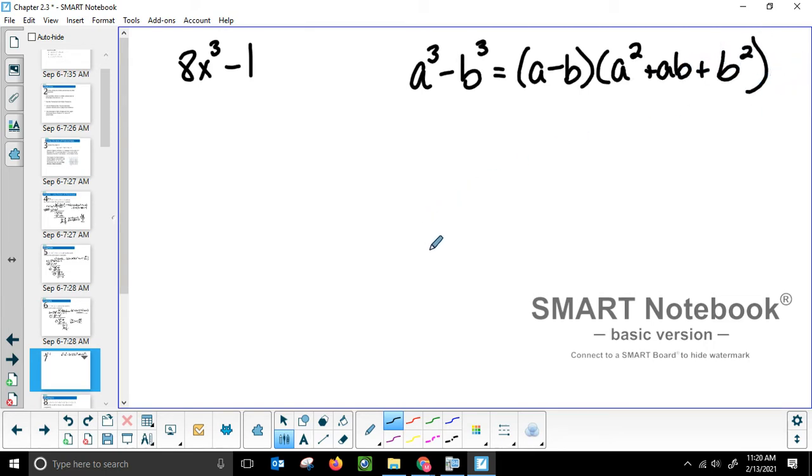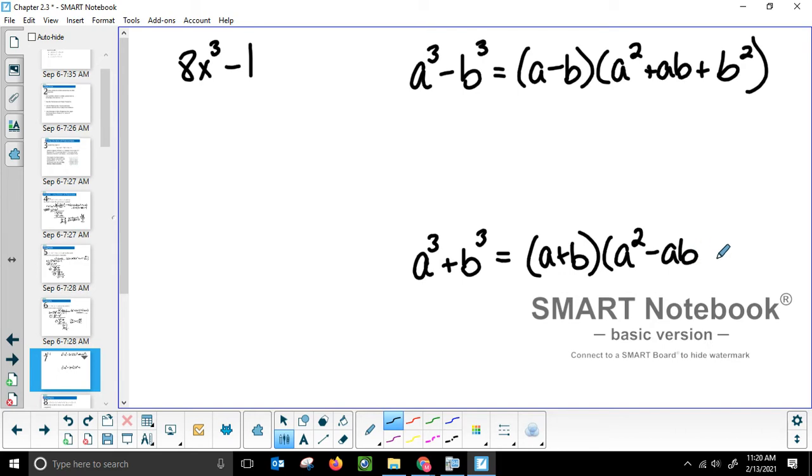Then also there's a sum of perfect cubes. There's not a sum of squares because it doesn't work with even powered things, but with odd it does. So a cubed plus b cubed is very similar: a plus b times a squared minus ab plus b squared.